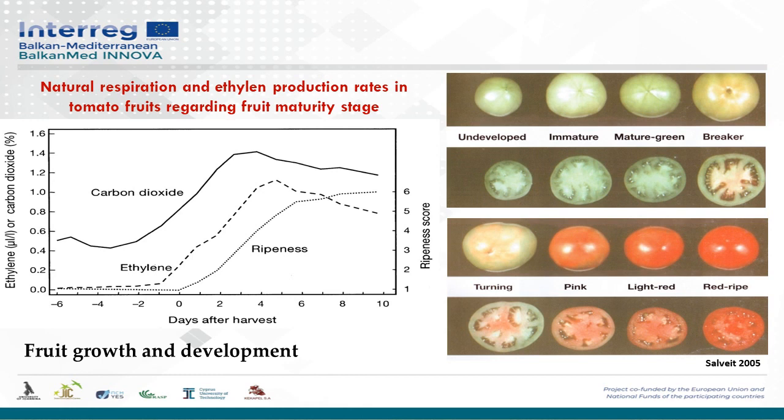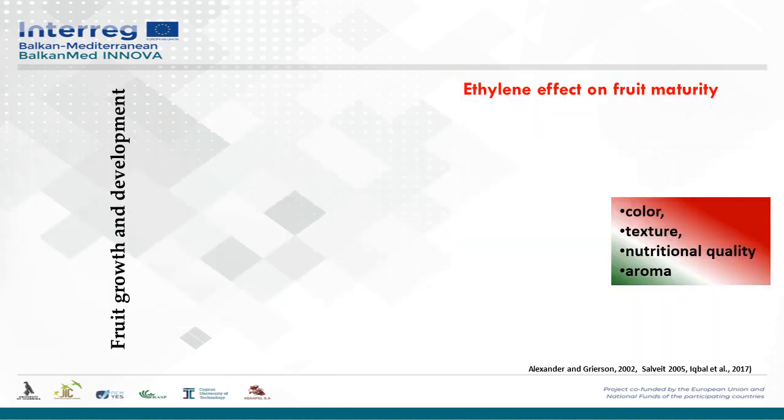And indeed, by artificially adding ethylene, we could make the ripening of tomato faster than under the natural conditions.